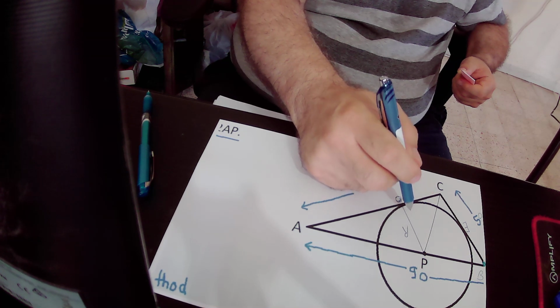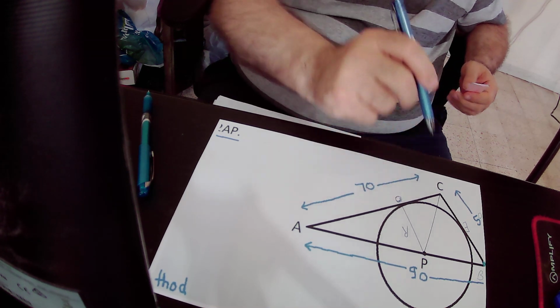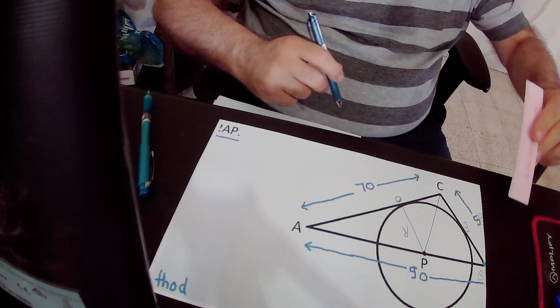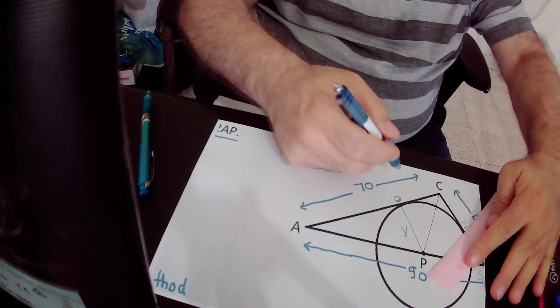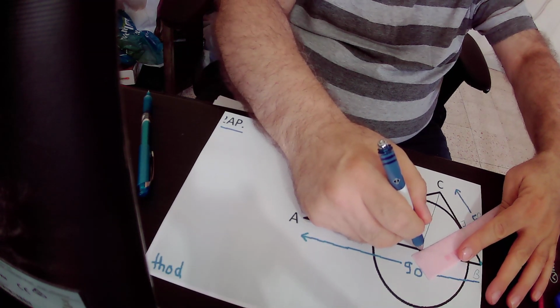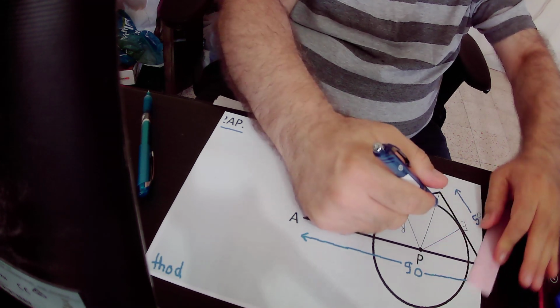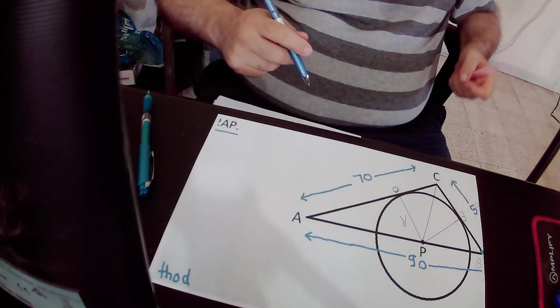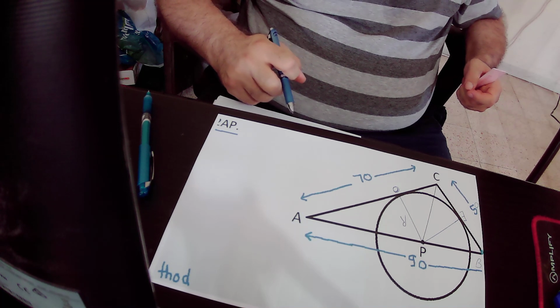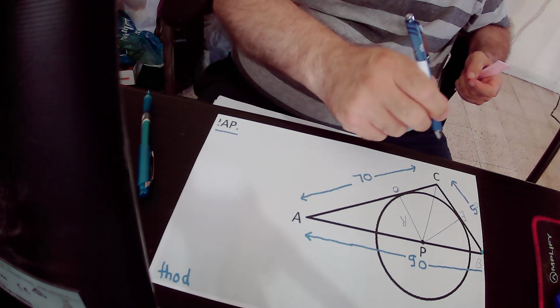OP is the radius of the circle, and we also connect points P and E together, and for the same reason PE is the radius of the circle.